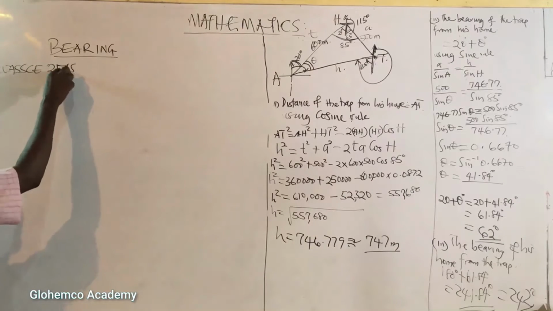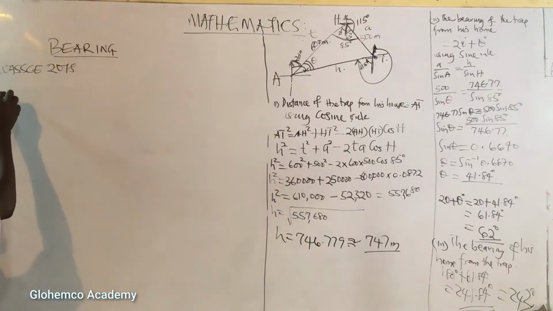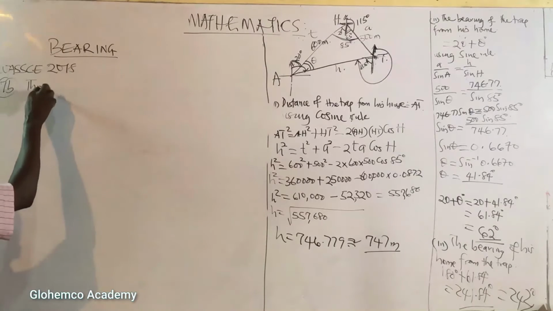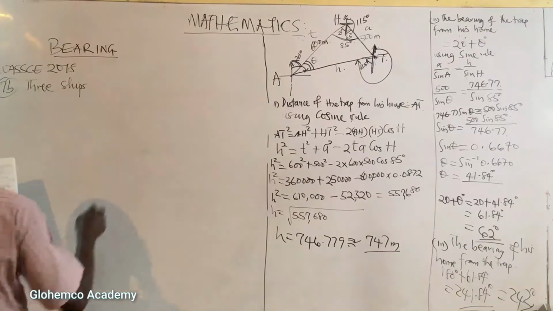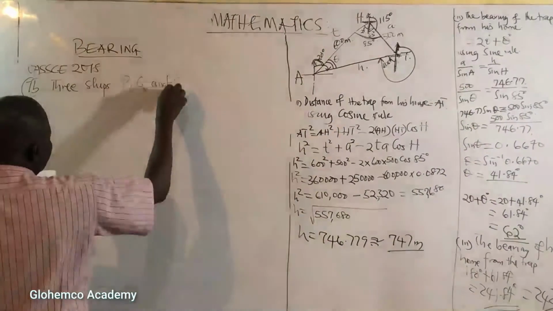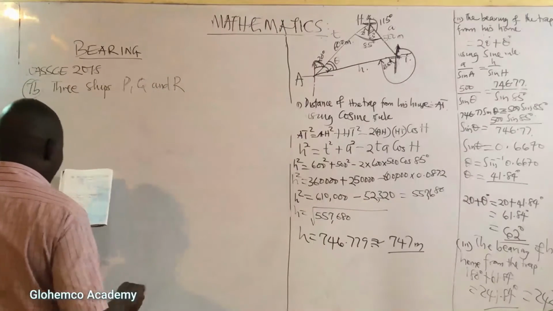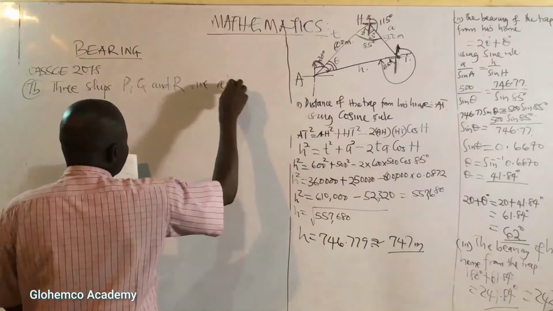WAEC 2018. Question number 7B. 3 ships, P, Q, and R, are at sea.